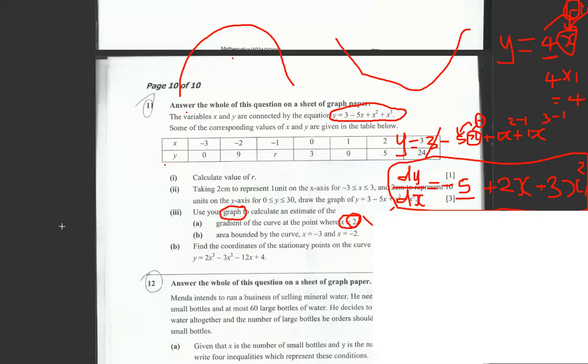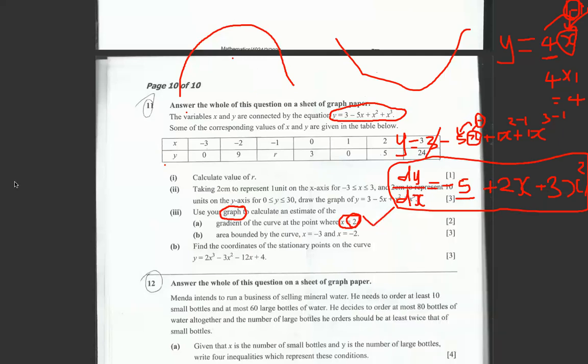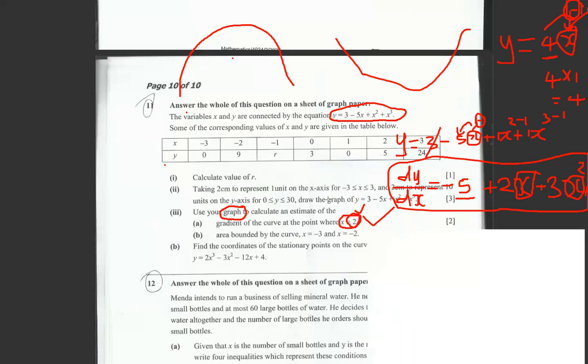But they are saying find the gradient at the point where x is equal to 2. We can see clearly that we have got x here, we have got x here, meaning wherever x is, we put that 2 that they have given us. And then when we compute, the resulting answer we will have is that which we are calling the gradient. So if we are to now compute it, this is what we'll get.